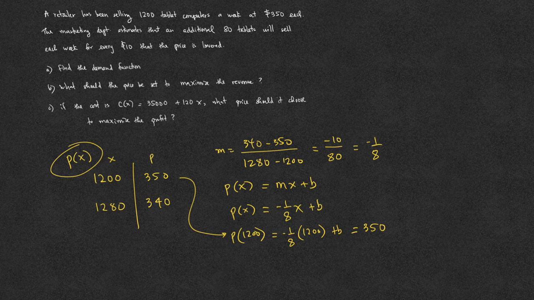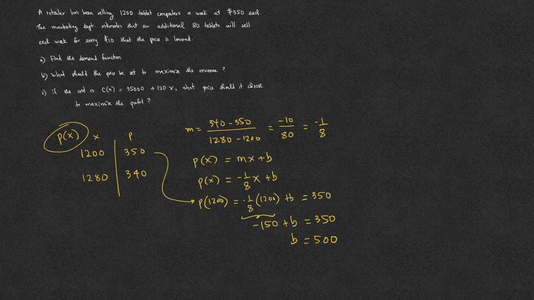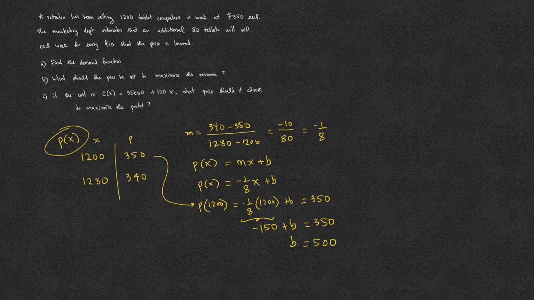Negative 1 over 8 times 1,200 is negative 150. Negative 150 plus b equals 350, so b equals 500. The demand equation is therefore p of x equals 500 minus 1 over 8x.